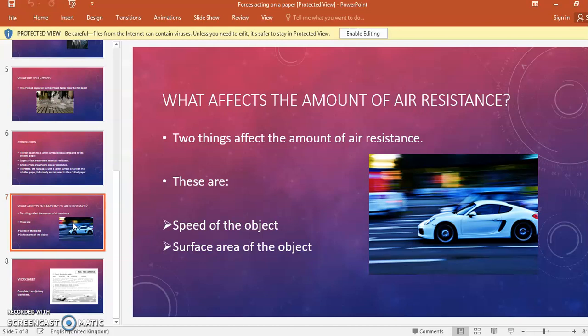The first one is the speed of an object, and the second one is surface area of an object. So this is all we have to study on page number 137.